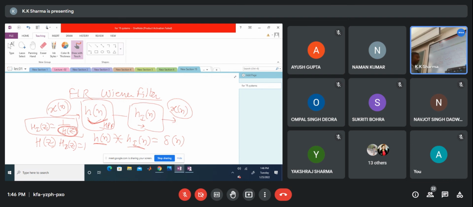But even if my H of z is stable, your inverse filter may not be, because poles and zeros of H of z and H inverse z are interchanged. Zeros of H of z become poles of the inverse and vice versa.